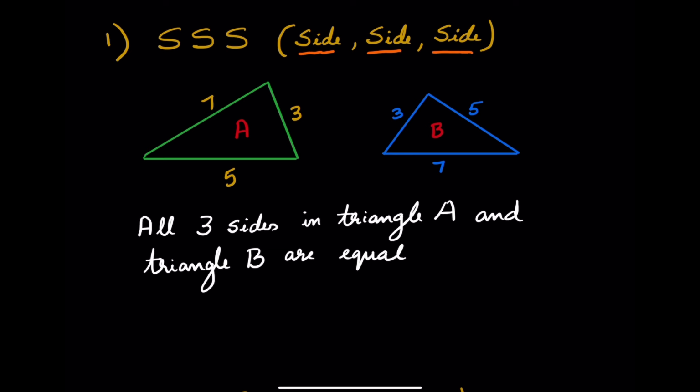For example, if we consider triangle A and triangle B, we find that in both the triangles, there is a side with length 3, a side with length 5, and a side with length 7. So in this case, we can call triangle A and triangle B congruent to each other. This is the symbol to mark both triangles as congruent.